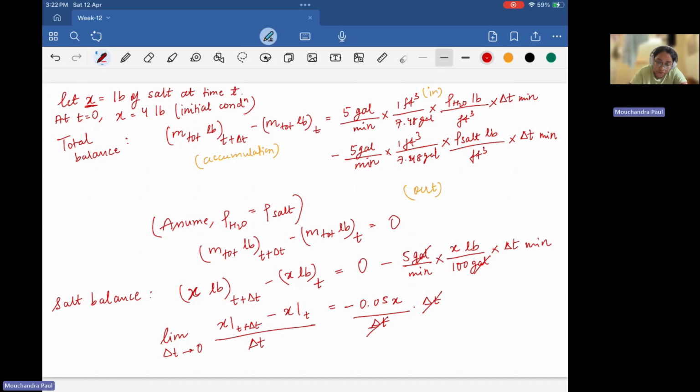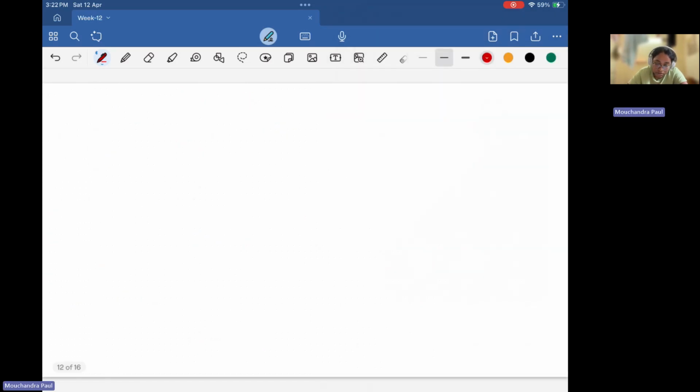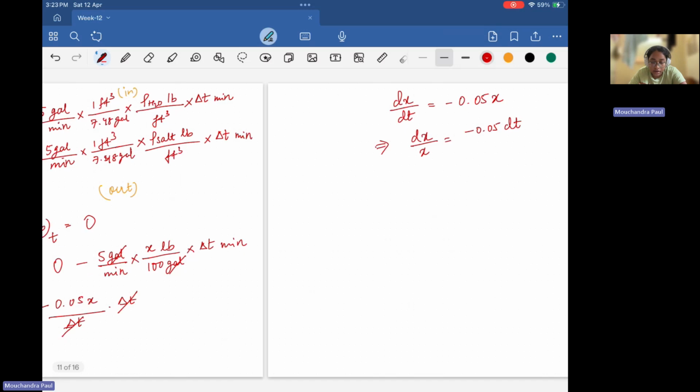You will get a differential equation, which is dx by dt equals minus 0.05x. Now we can convert it into this form, and from this form we will be able to get the answer.